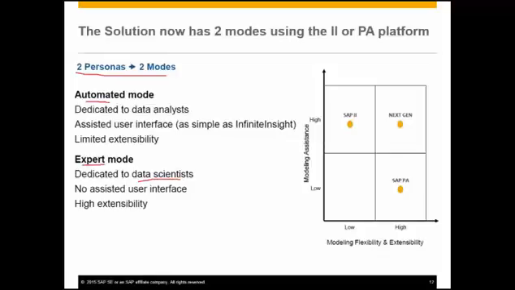Then the second mode is called automatic. This is used mainly by data analysts or even by regular business users, because a lot of the tasks have been automated, so it's more user friendly. But at the same time, it has limited extensibility, which means that you cannot create your own logic in the application.